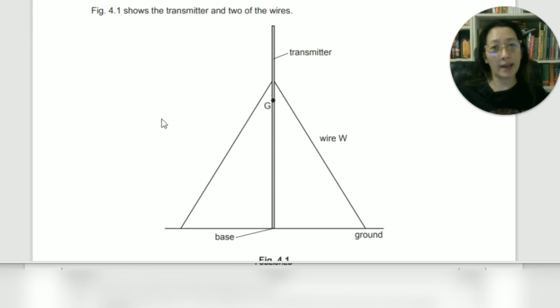Now we need to explain the situation based on the physics concept that we have learned. So when we talk about a transmitter being unstable, that means it's going to fall over, or in other words, it's going to topple over. Now, what could make the transmitter topple over? Obviously, the weight of the transmitter.